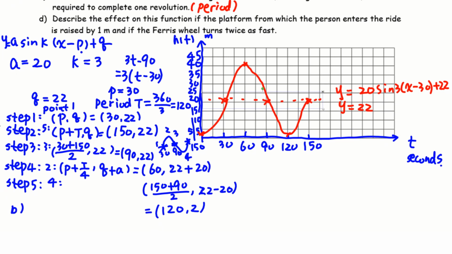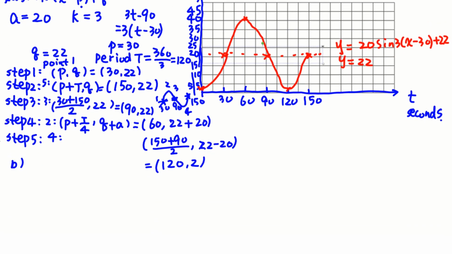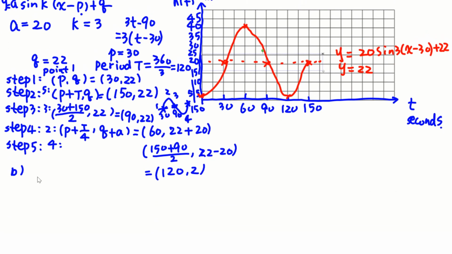So we are going to use words to describe it. So we are going to say the graph of y equals sine x, the parent function. The A value we know is changing the y direction, so it's vertically stretched.